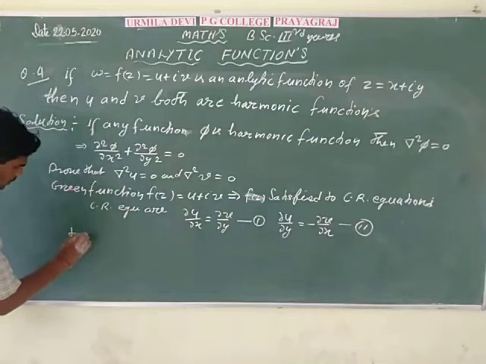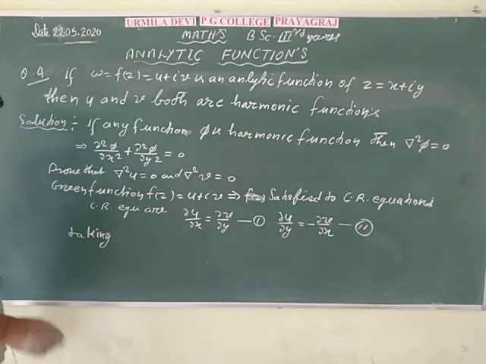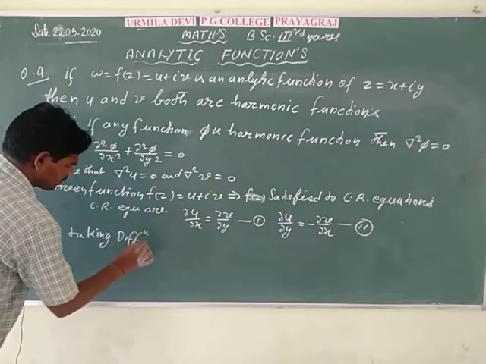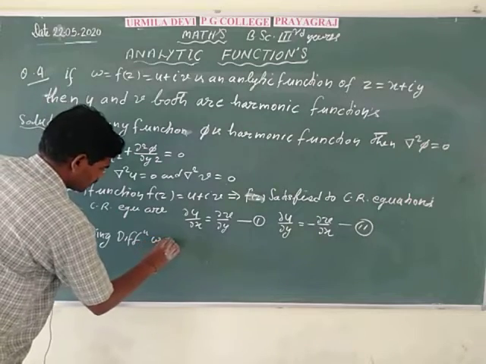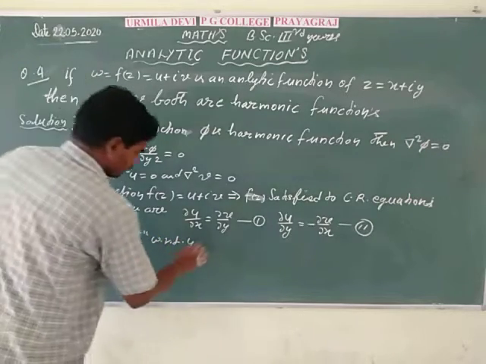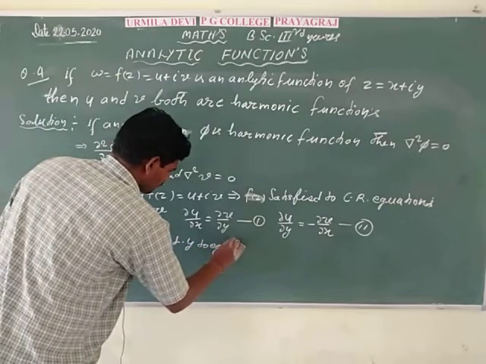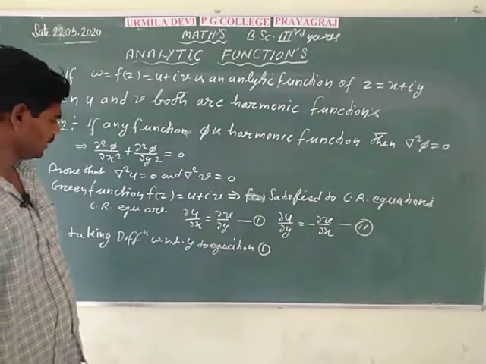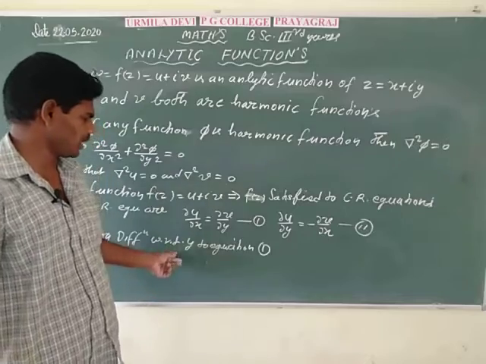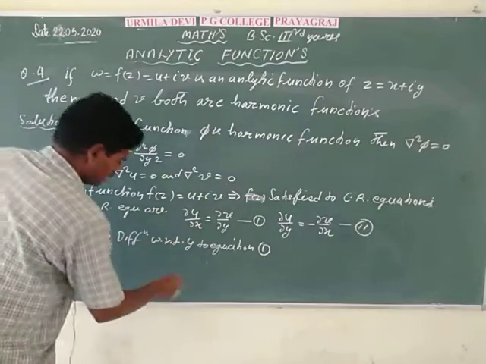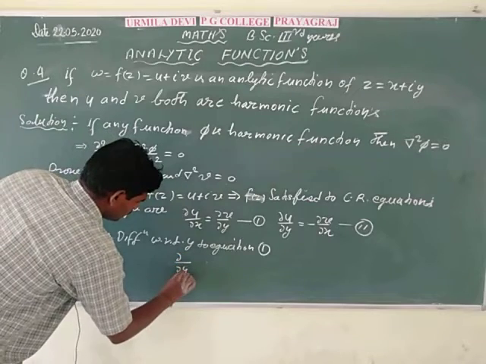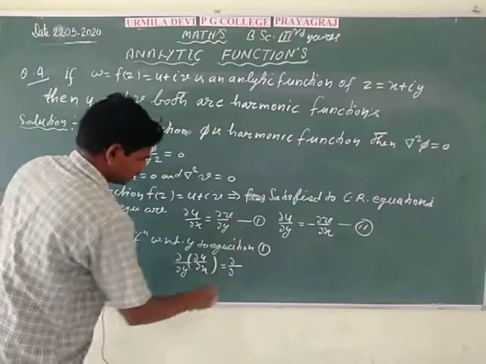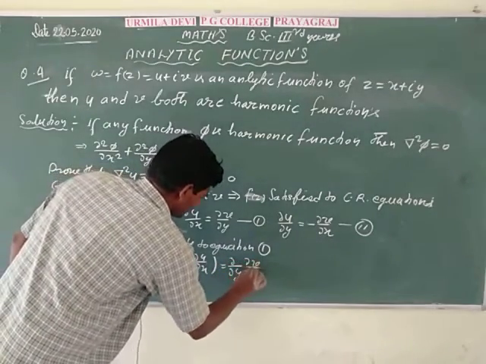So equation first is considered, and taking partial differentiation with respect to y on both sides, write del by del y of del u by del x is equal to del by del y of del v by del y.